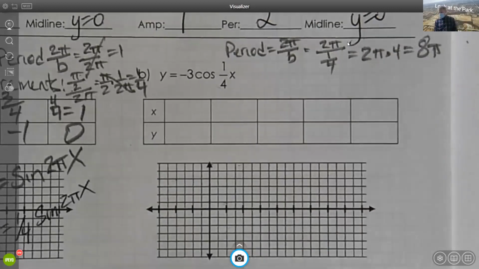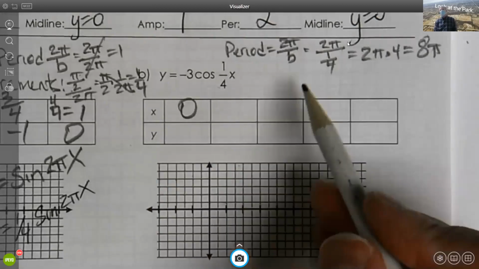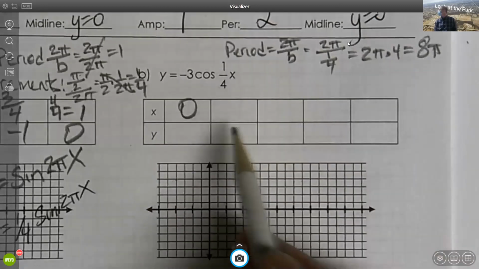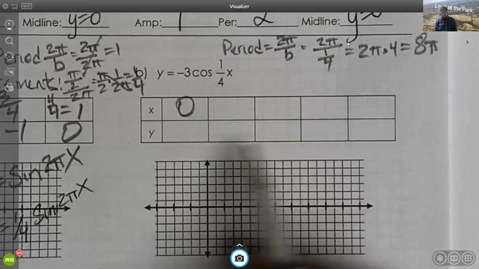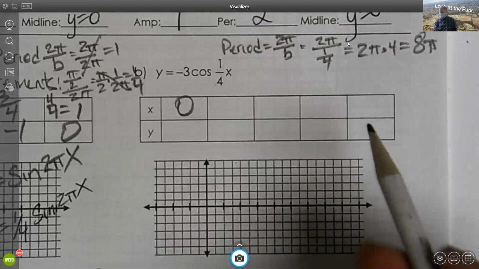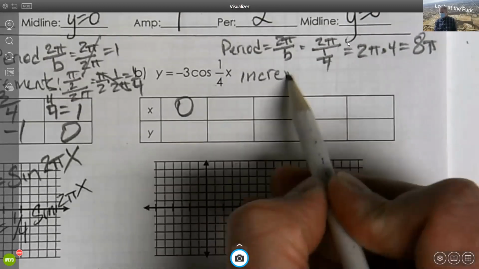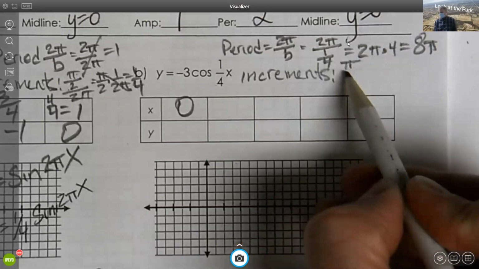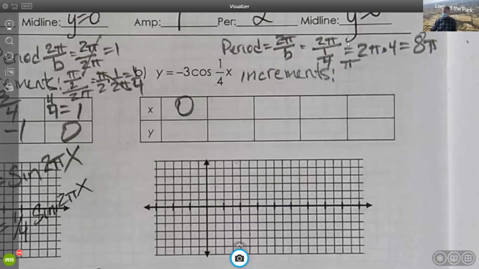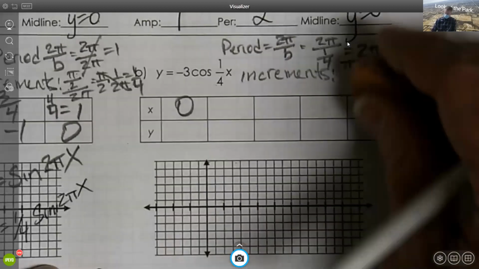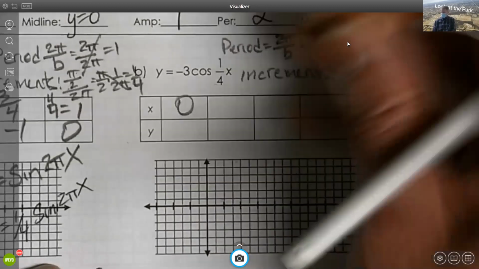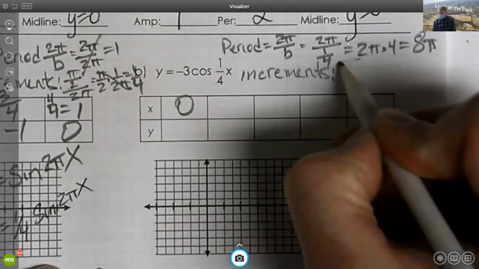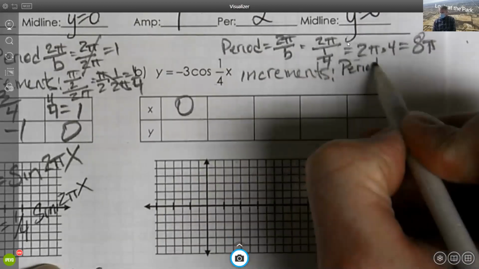So now we're going to be at 0. Oh, we got to figure out our increments. I don't know what to put in my table. How do I know what goes in my table? I need to do increments. And that's at pi over 2, or if you don't like that one, this could be much easier actually: period divided by 4.